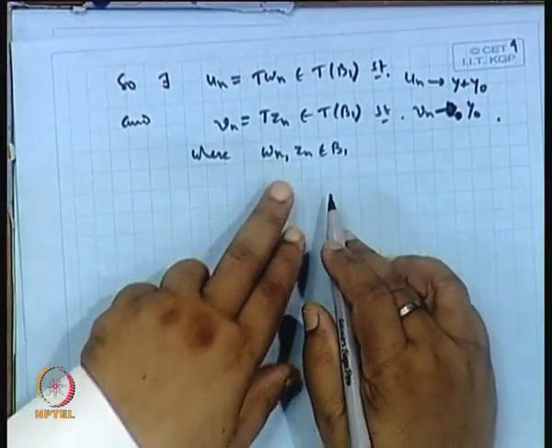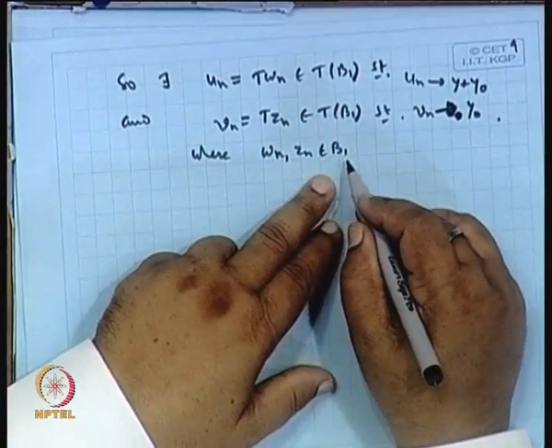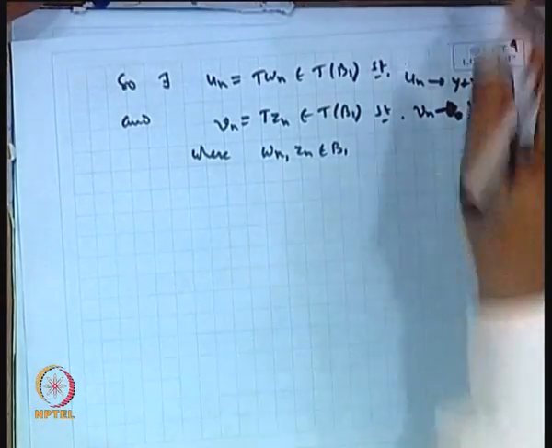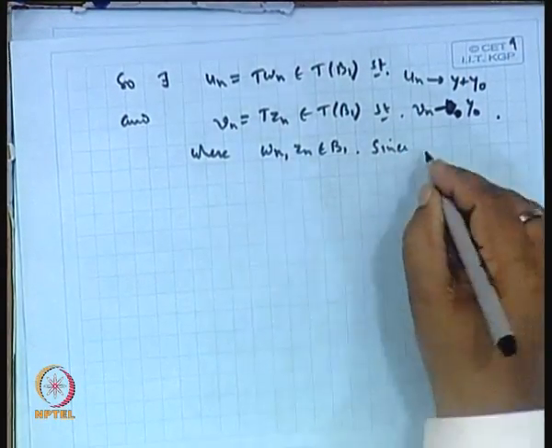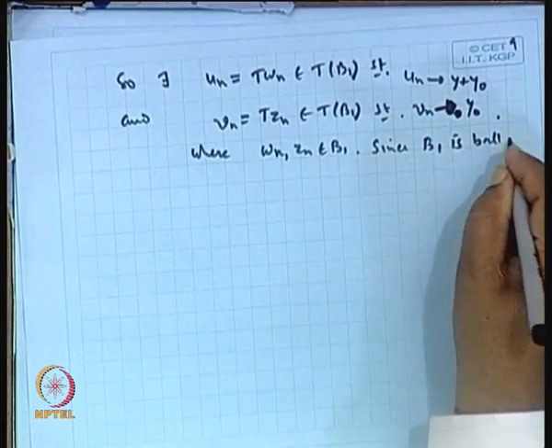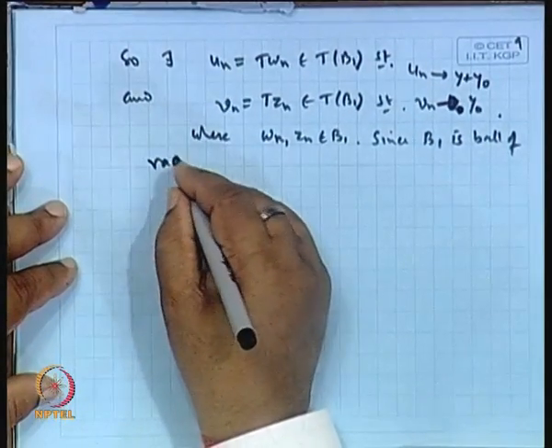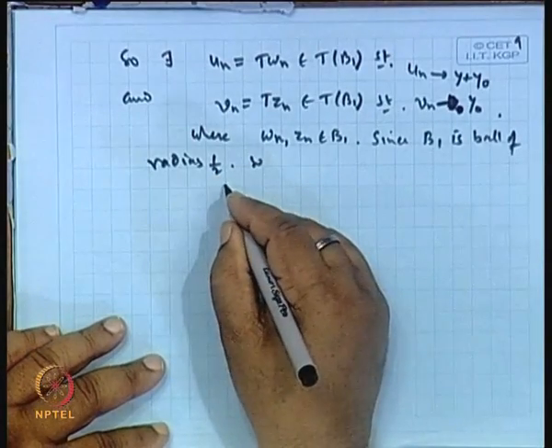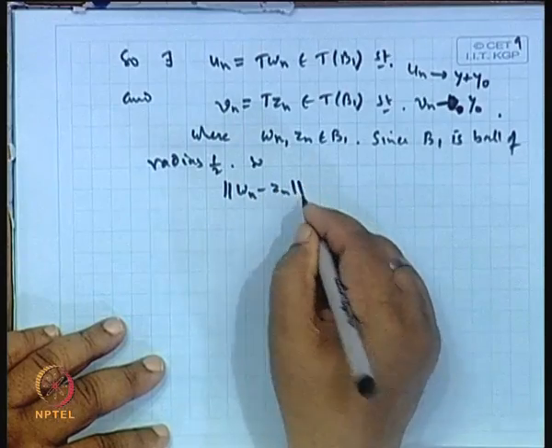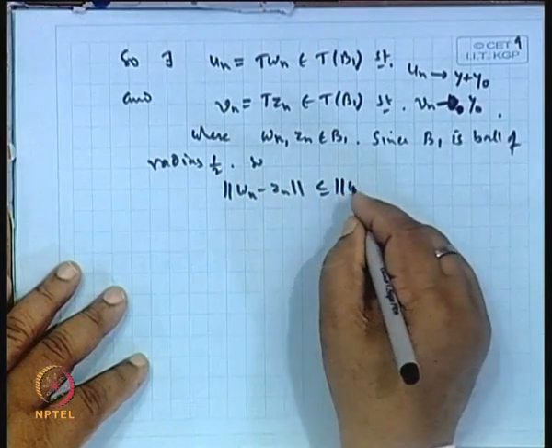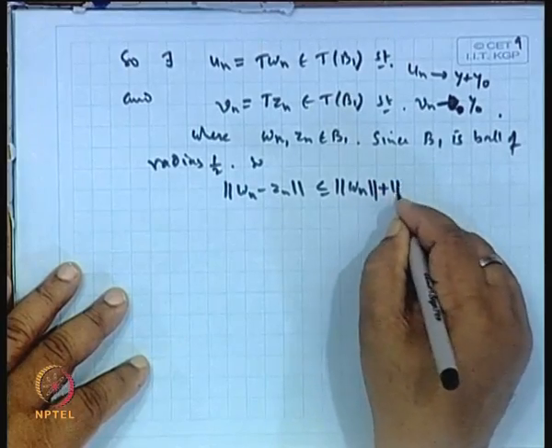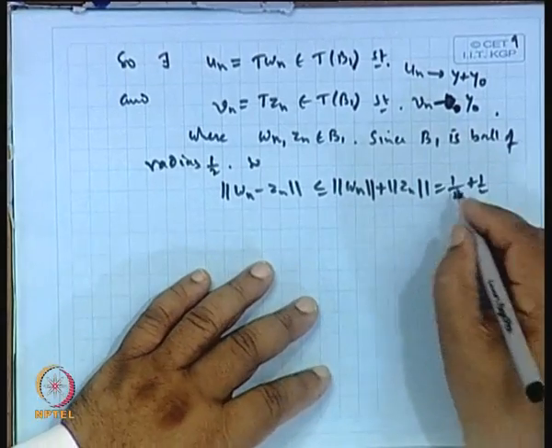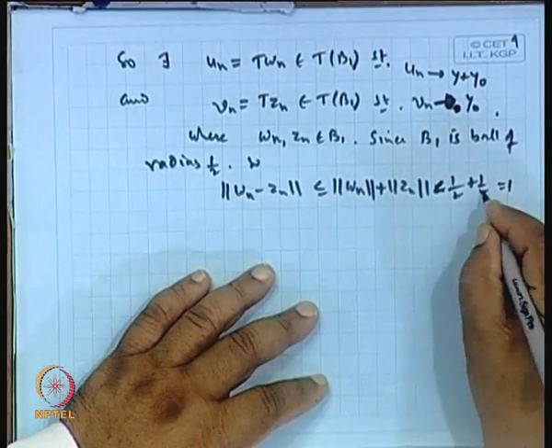Now, since B 1 is a ball of radius half, what is the norm of W n minus Z n? It is less than or equal to norm of W n plus norm of Z n, which is less than or equal to half plus half, that is 1.